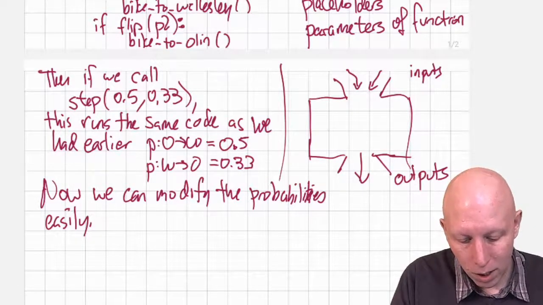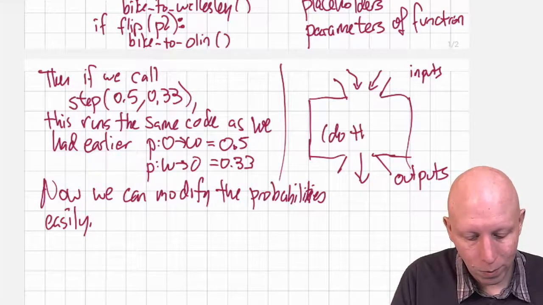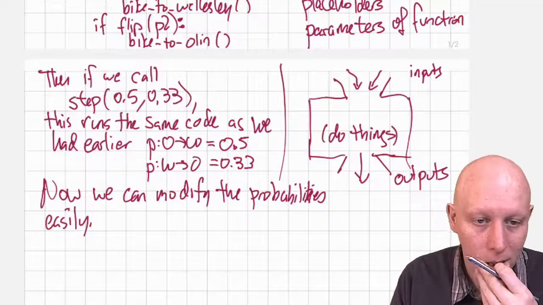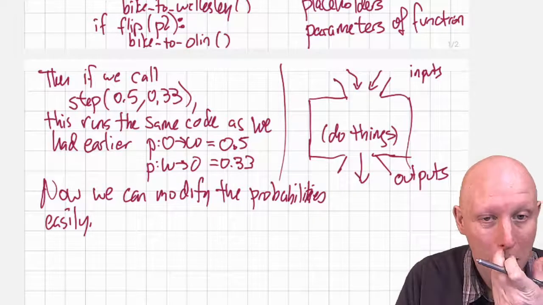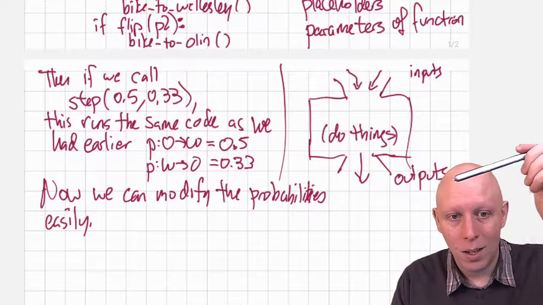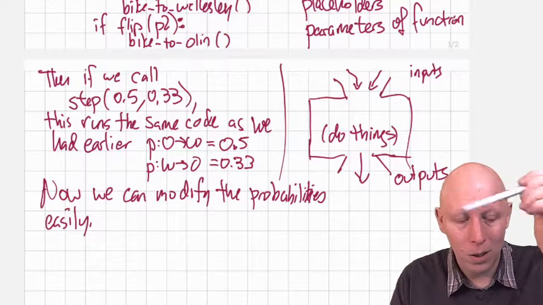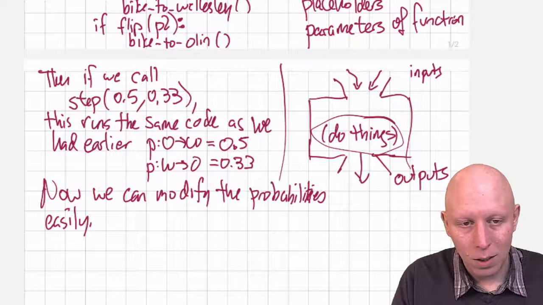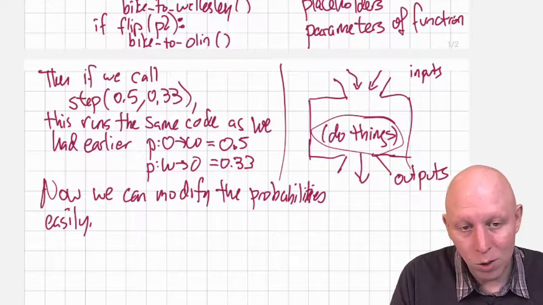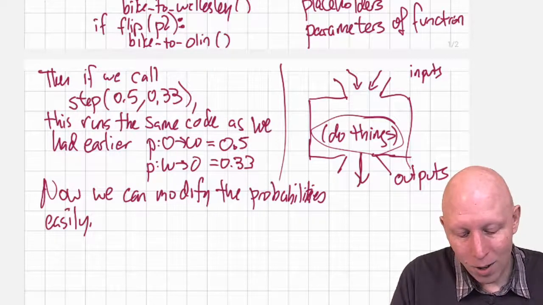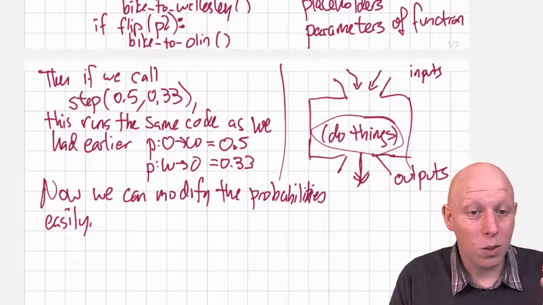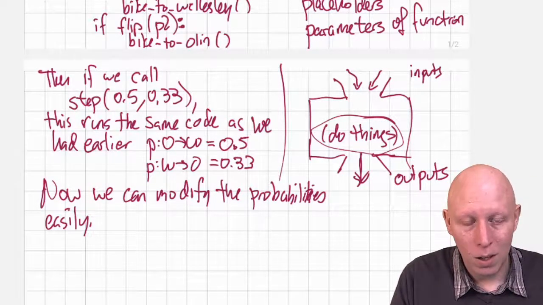And then in here we do things. So this is a visual representation of a function. You've got some inputs go in the top. Then based on the inputs you do things, and then out at the bottom come the outputs. That's, in general, what a function looks like.